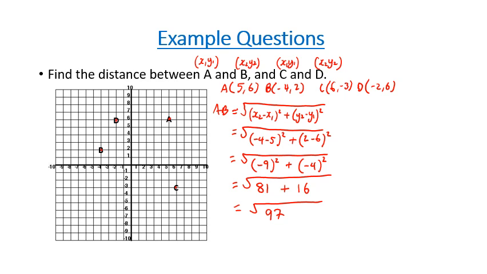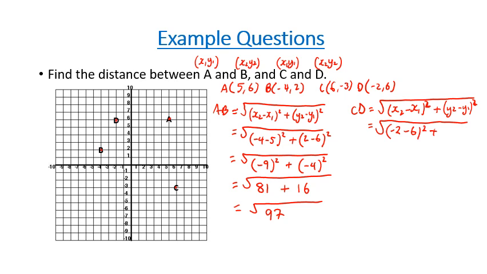If we're going to do C and D, we're going to do the exact same thing. x2 take x1 all squared plus y2 take y1 all squared. That's going to be the square root of x2, in this particular case minus 2, and we're going to take away 6 all squared, plus y2, which is 6, take negative 3 all squared.